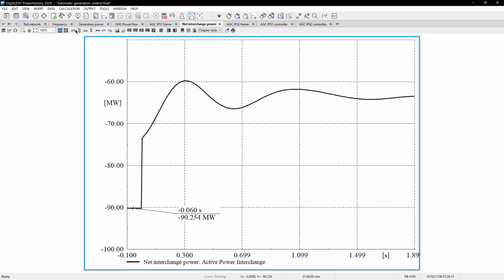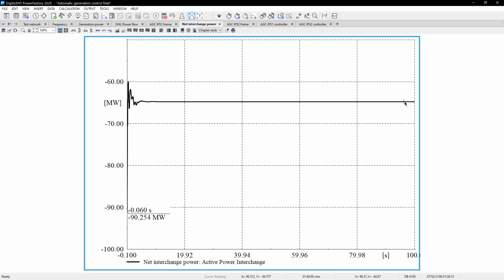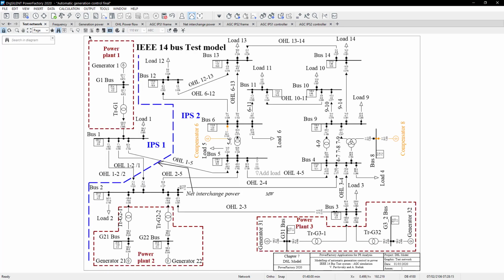And then after we have the disturbance, the active power at the interface is minus 64, okay? What is happening here? Let me come back here.